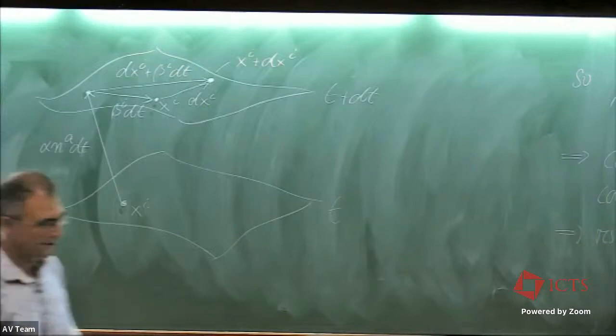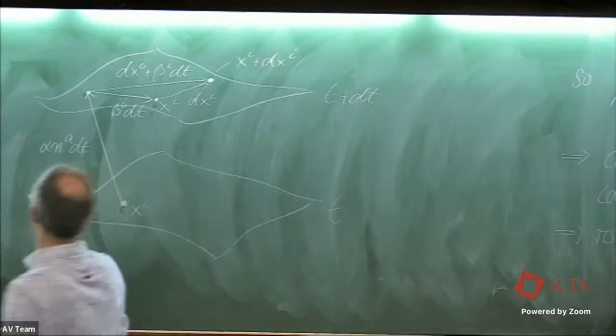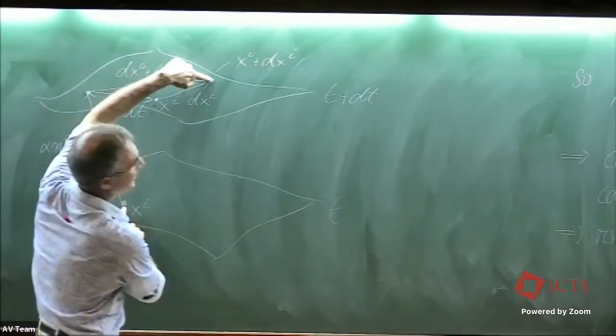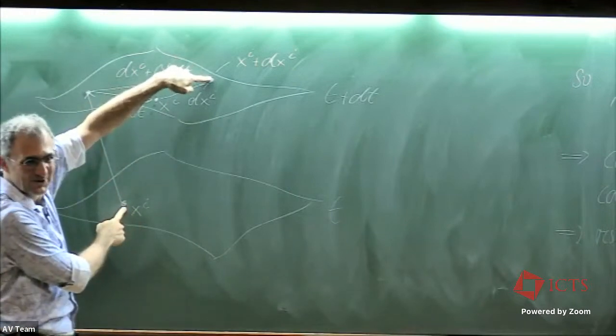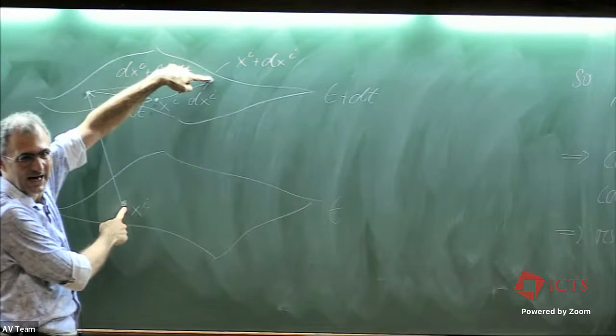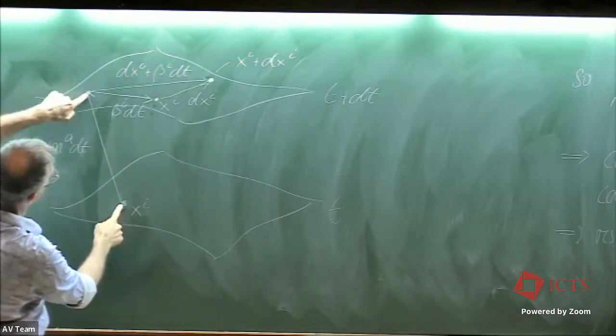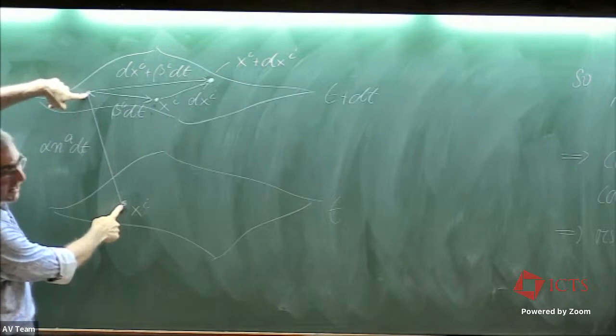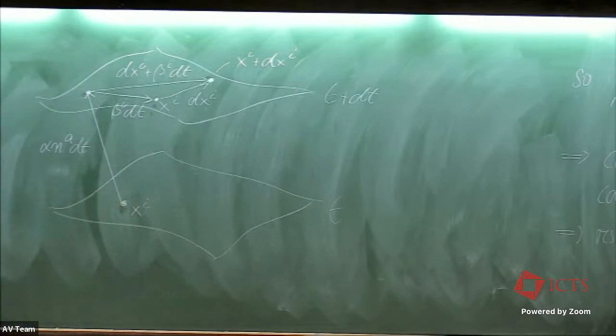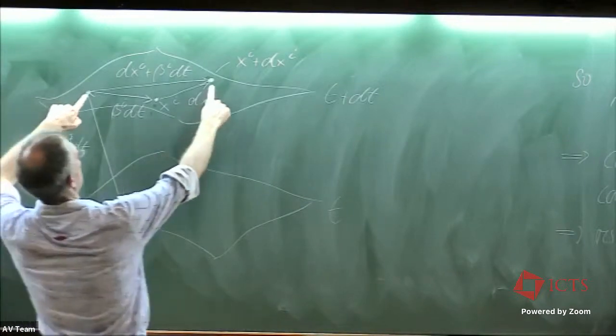So basically, what is then the proper distance between these two space-time events? I could use, if you want to, a space-time Pythagorean theorem by adding the proper separations in two orthogonal directions. One separation is this one. That separation is given by alpha dt, squared. Then I need to take into account this separation.